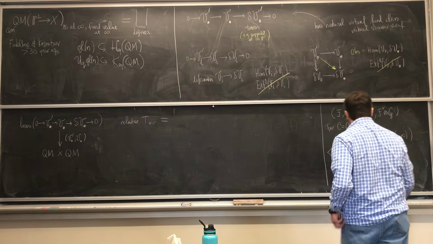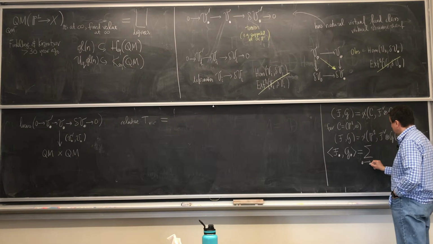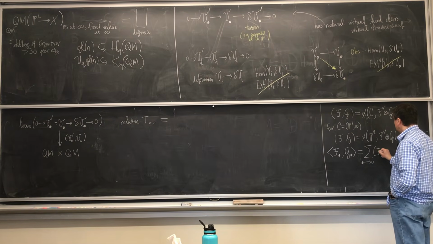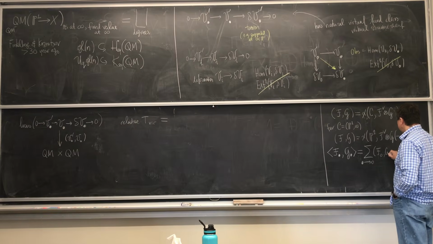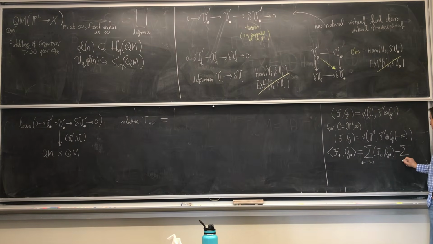This is the sum over all arrows. I take F and G, and then I subtract the sum over all F. So it's kind of like the formula for the tangent bundle, only polarized.